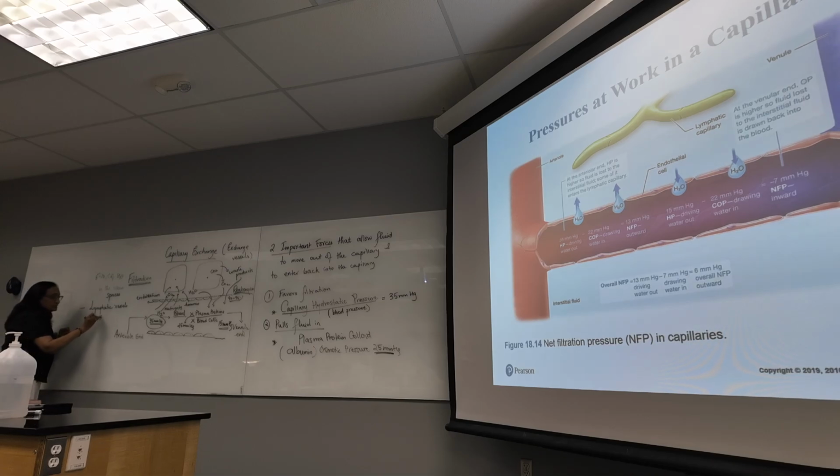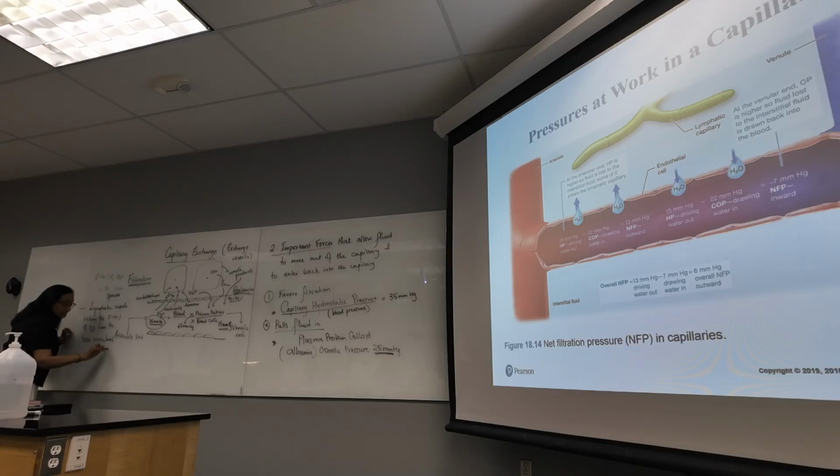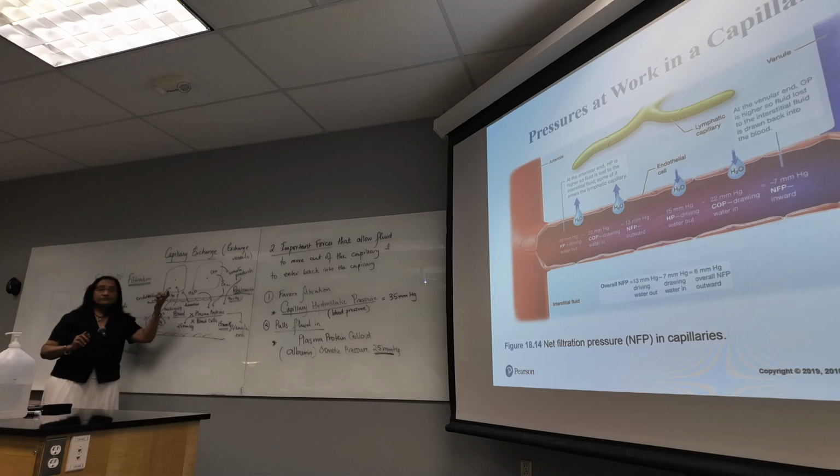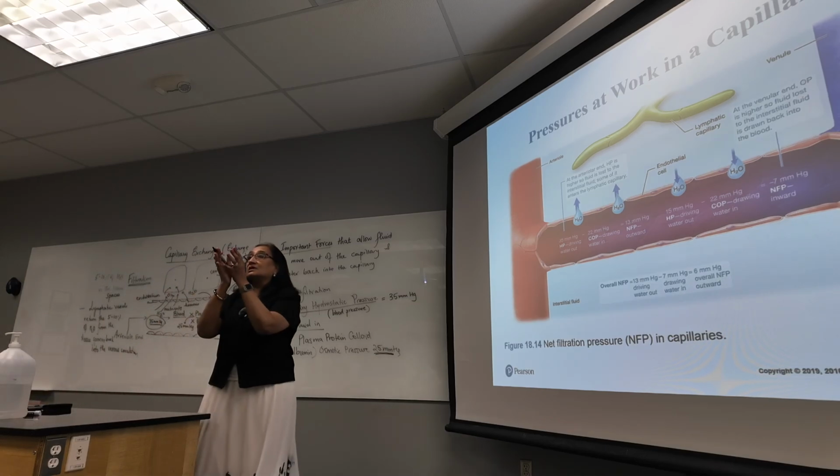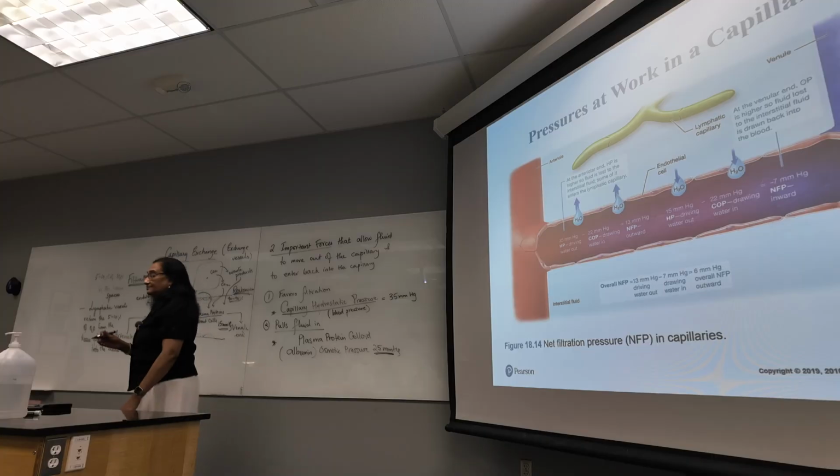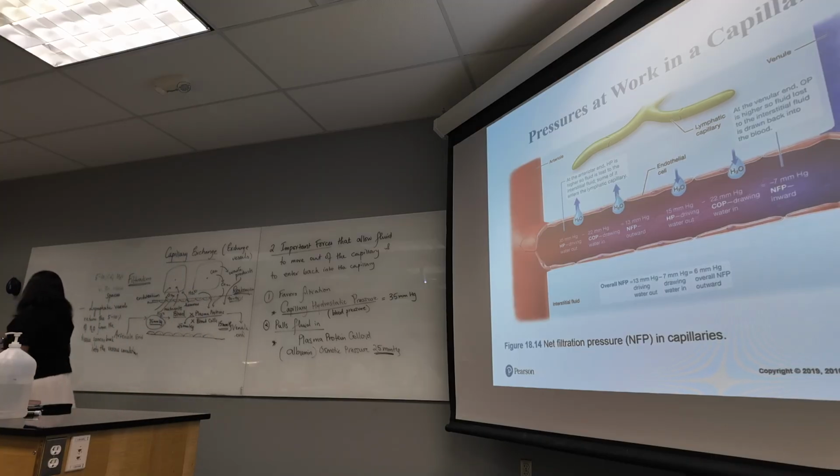Lymphatic vessels return the 5 to 10% of water from the tissue spaces back into the veins, venous circulation. Okay? Because you don't want that 5 to 10% to stick around in the tissue spaces, otherwise it would cause edema. Okay? It will cause swelling of the tissues.